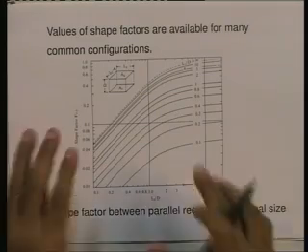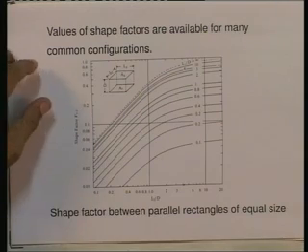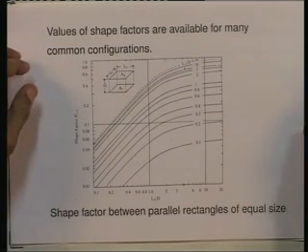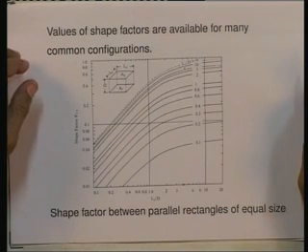Now, this figure, it is a little small, so let me explain it, is a figure which shows the shape factor between two parallel rectangles of equal size. Since it is not so clear, let me draw it again.